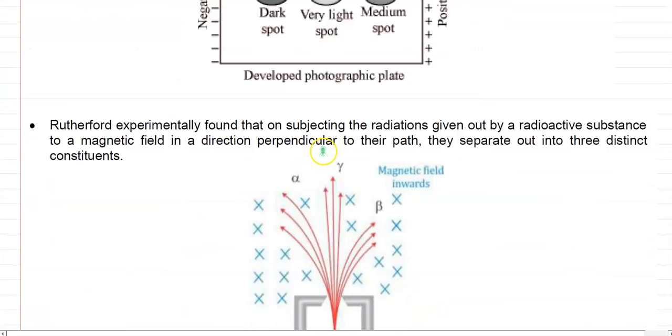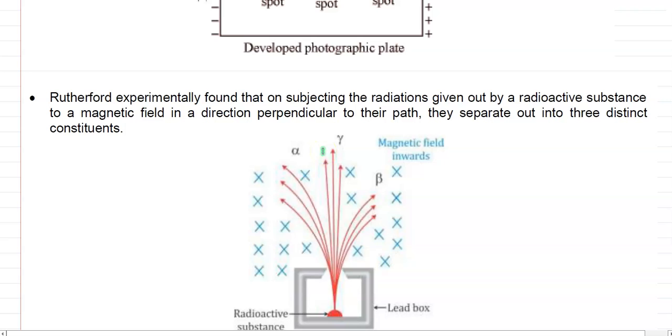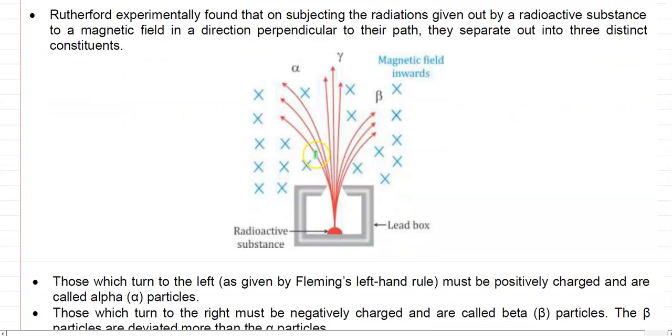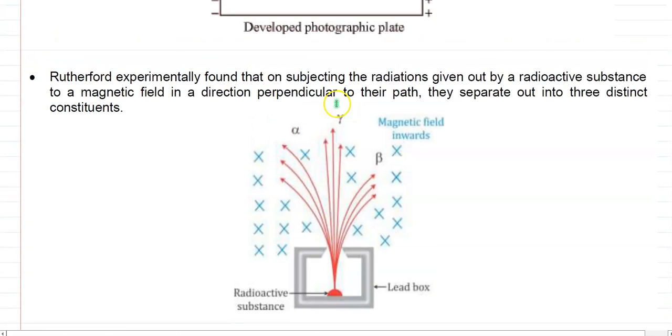Rutherford also applied a perpendicular magnetic field, and he made the same observation: some particles are deflected by the magnetic field and some are not.